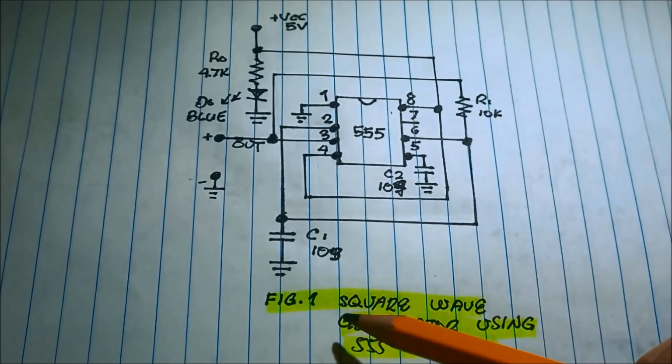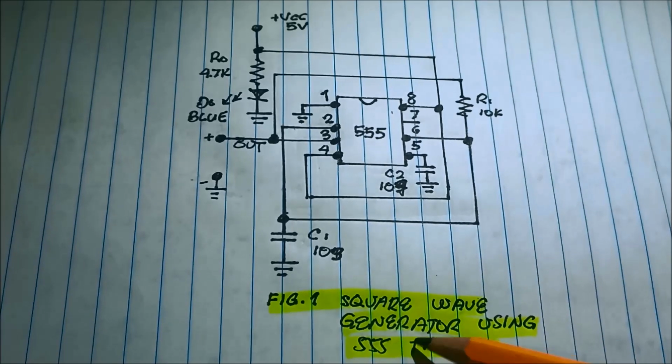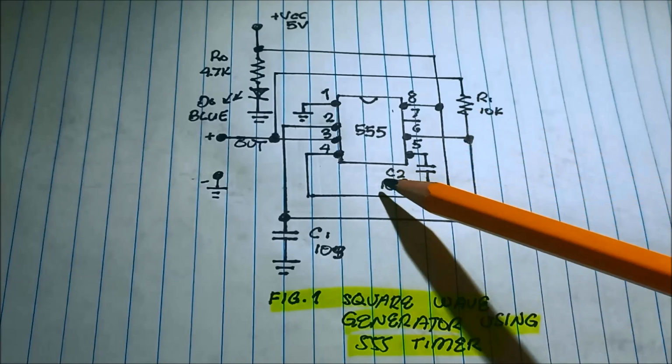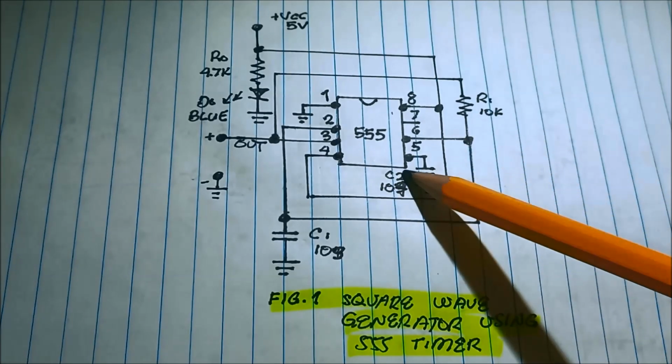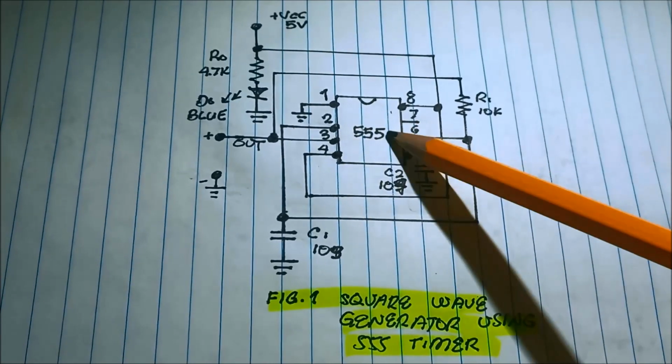In figure 1, we have a square wave generator using a 555 timer. So this is the schematic diagram of our circuit using a 555 timer.